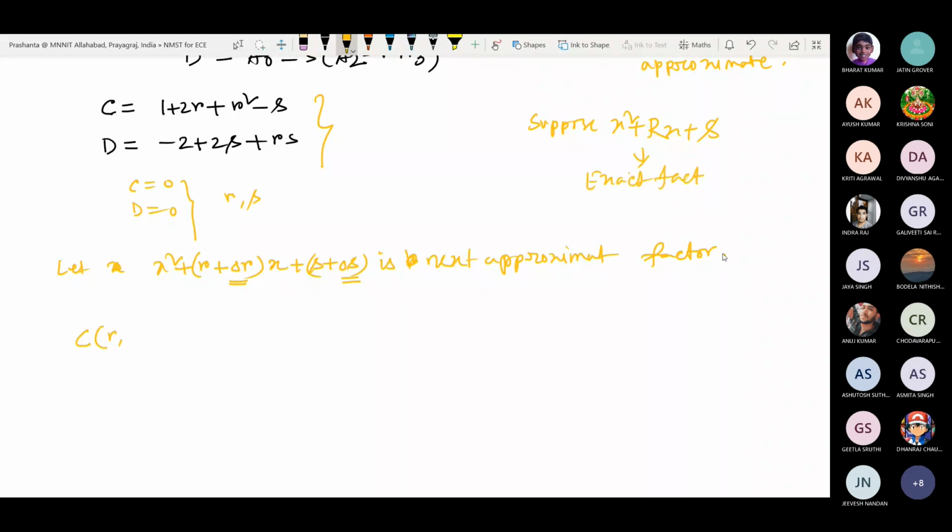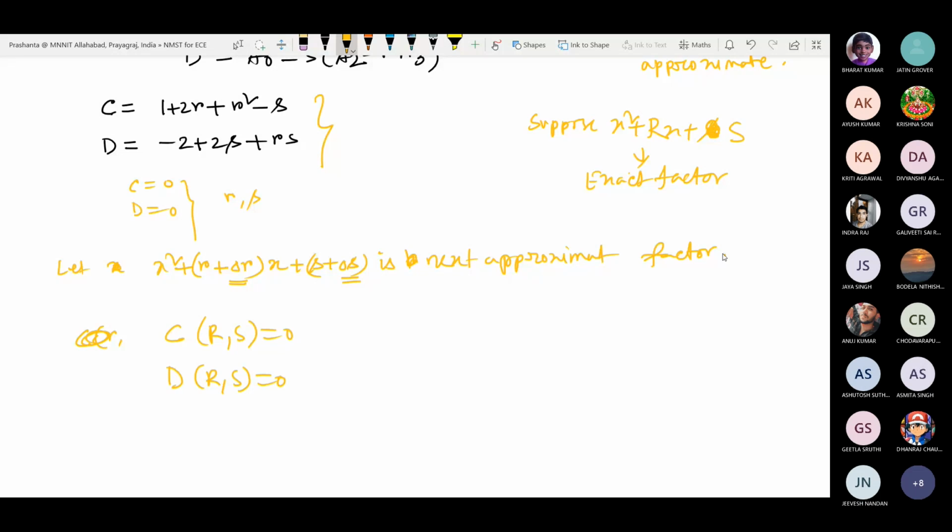Then what will happen? C of R comma S will be 0 and D of R comma S will be 0. If x square plus capital Rx plus capital S is the exact factor, then the remainder in that case will be 0.